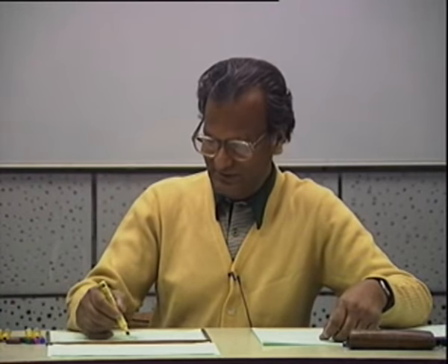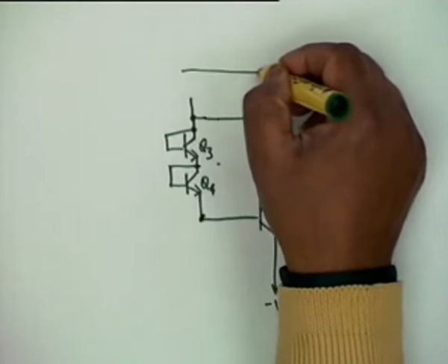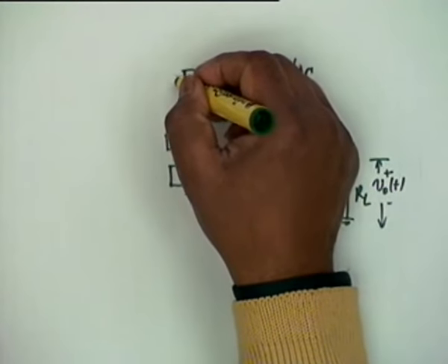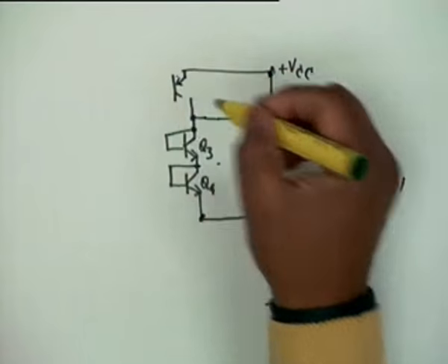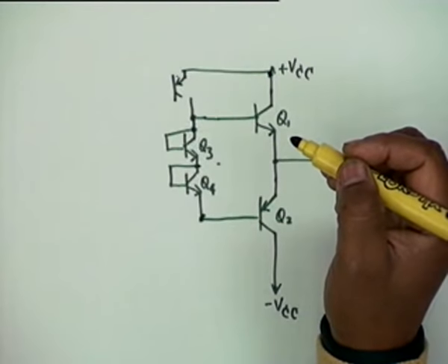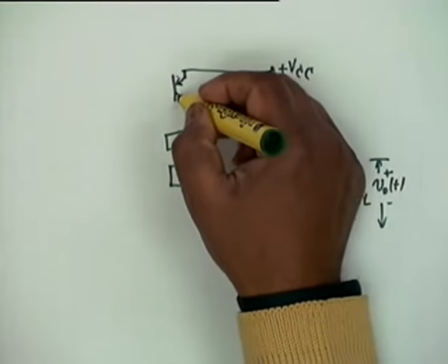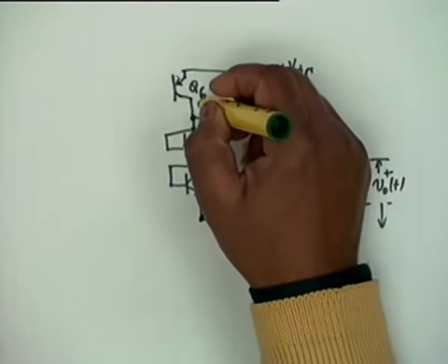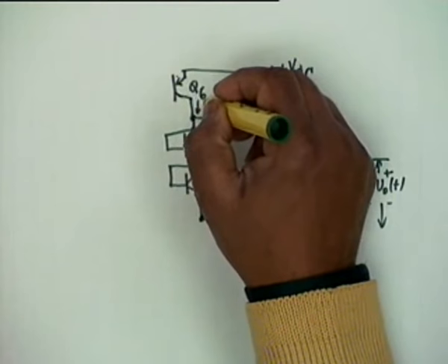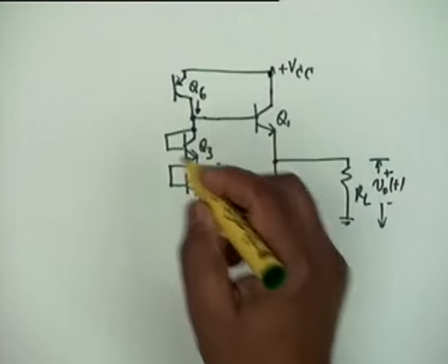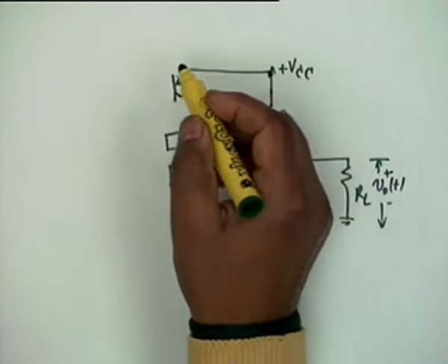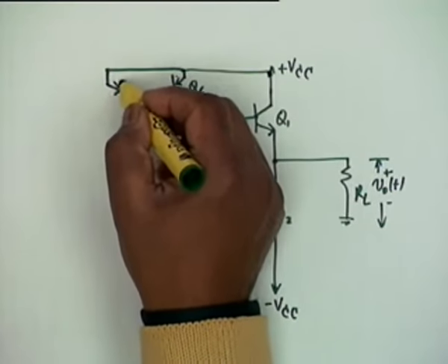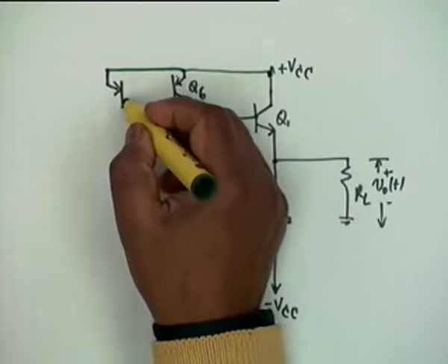So, what we do is from here, from plus VCC, we take a transistor. Now obviously the current mirror shall have to be PNP. Okay. So this is what comes here. This is Q6, and the other transistor, the reference transistor, is this one.